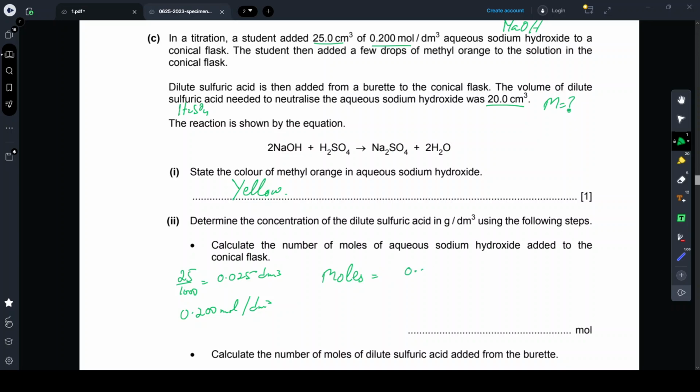So 0.025 multiplied by 0.200. And what's the answer you're getting? 0.005. Right, so that is correct.